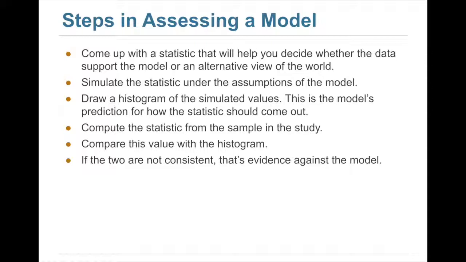And then that will make some predictions. We're going to want to compare those predictions to the actual facts on the ground. To do that, we need to select a test statistic to summarize the sample. In this case, the sample is the jury panel, and we need to choose one that's going to help us evaluate the theory.